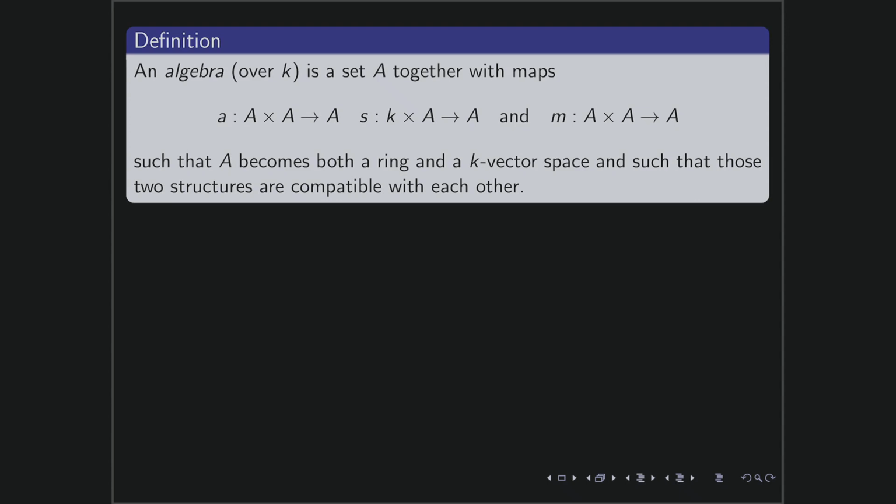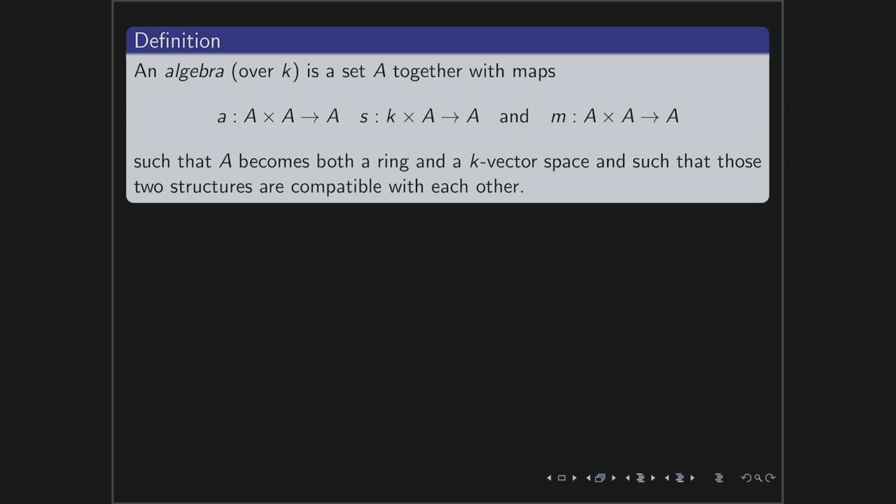For people who are familiar with tensor products, they have the universal property that they linearize bilinear maps. And the multiplication here is an example of a bilinear map, just because of this distributivity property.